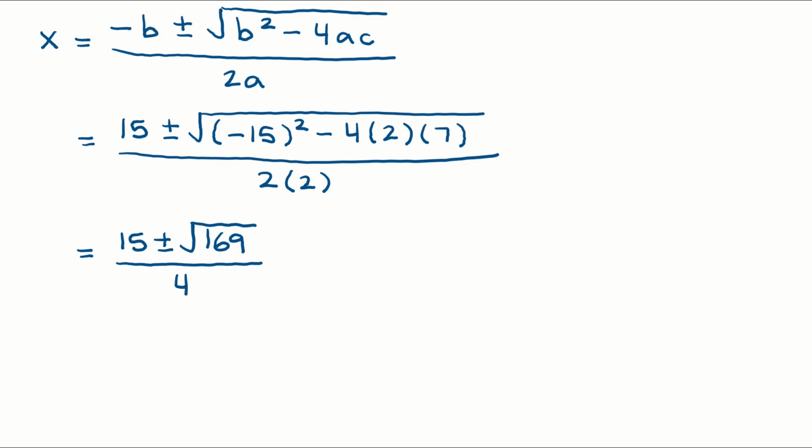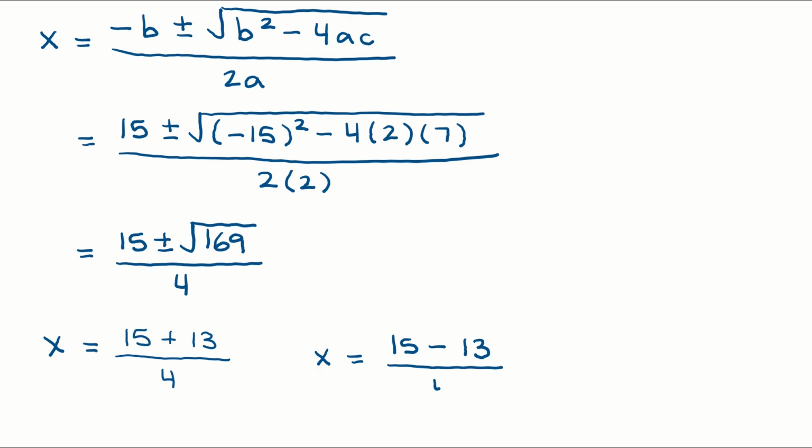Now we're lucky again because the square root of 169 is equal to 13. So we end up with two solutions, one taking the positive sign, where we have 15 plus 13 over 4, and one taking the negative sign, where we have 15 minus 13 over 4.